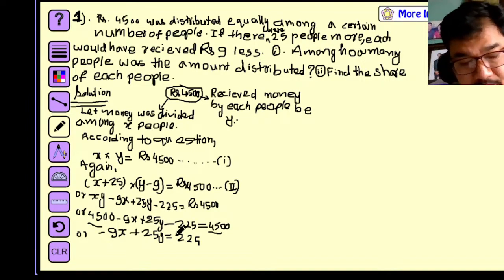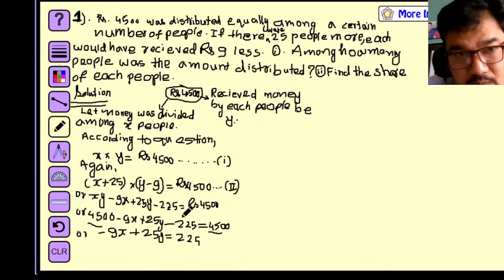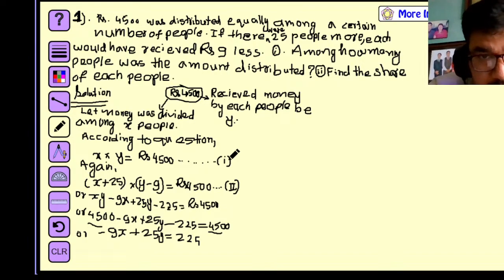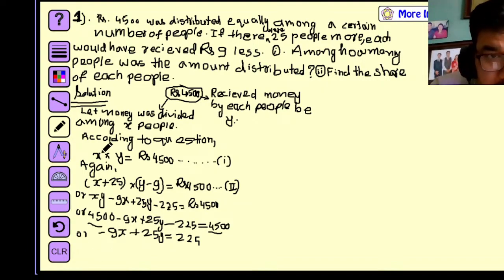From the first equation, in place of x we can write 4500 by y. From 1, x equals 4500 divided by y.